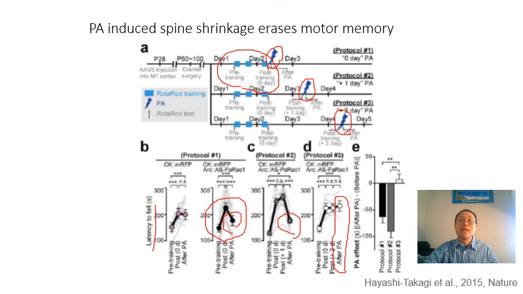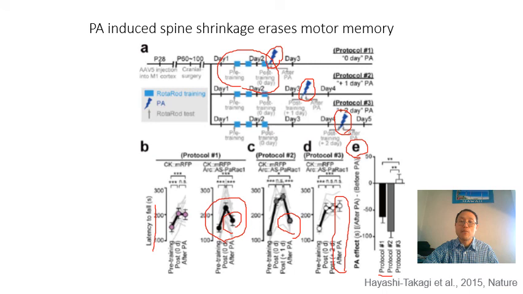So they found that the best time to erase a memory is while the memory is still being formed, but not after it has been formed. That's basically what they're telling you here in figure E. Okay, you can see that in protocol 1 and 2, they were able to erase a lot of the memories.